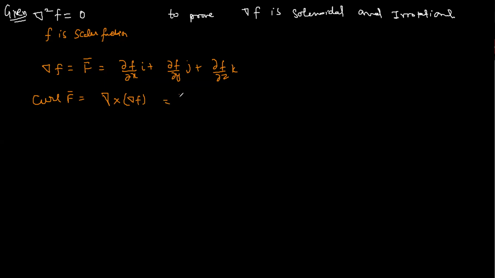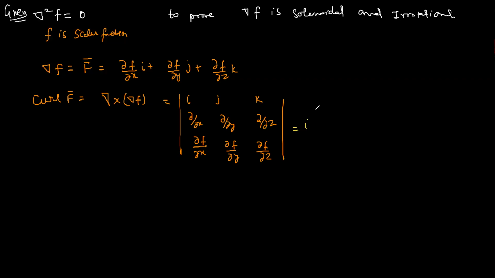And you know how to find cross product? i, j, k, del by del x, del by del y, del by del z. And grad f is what? Del f upon del x, del f upon del y, del f upon del z. Right?